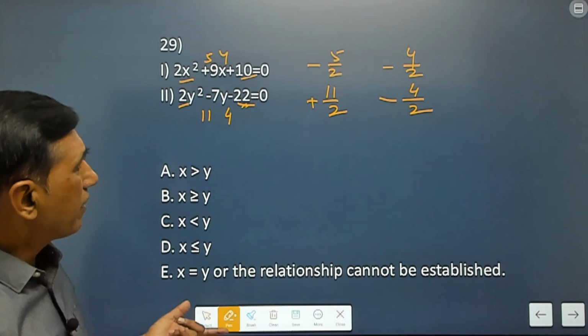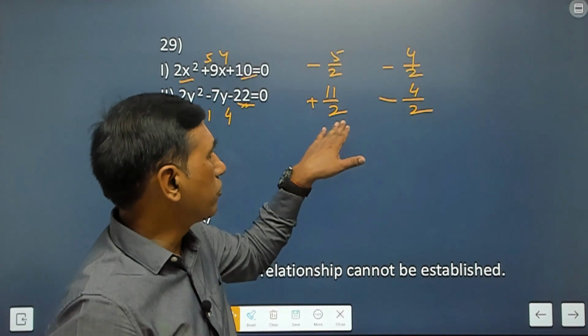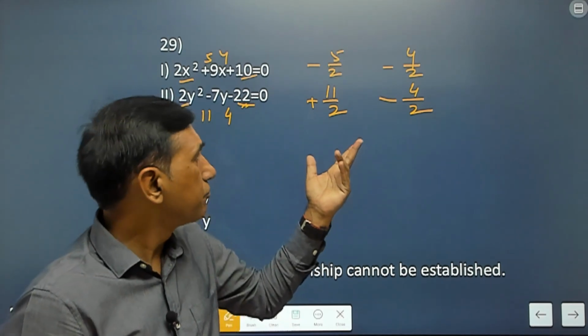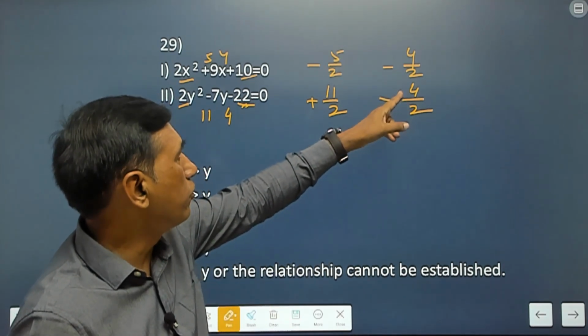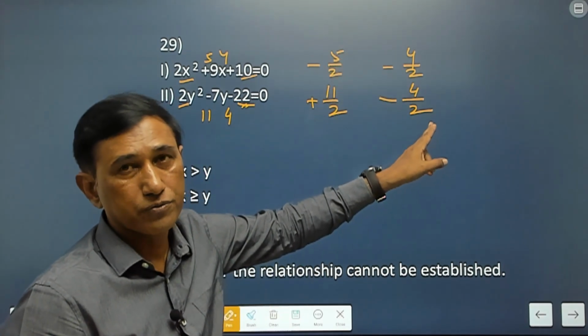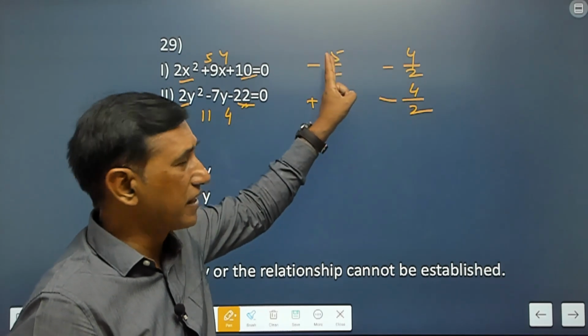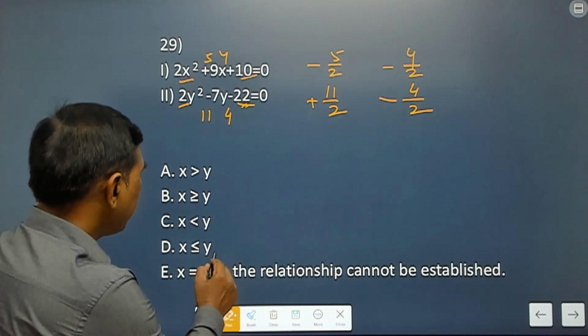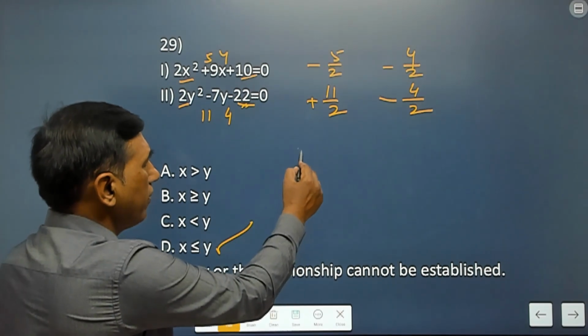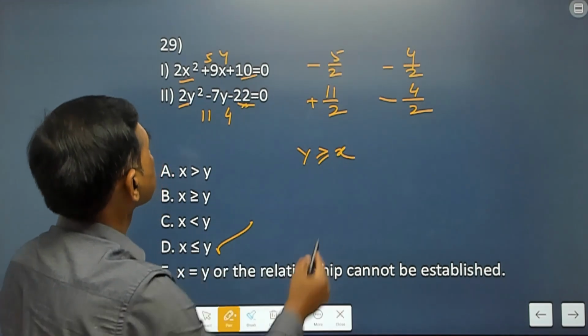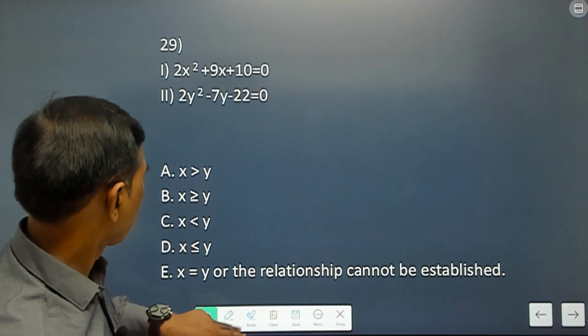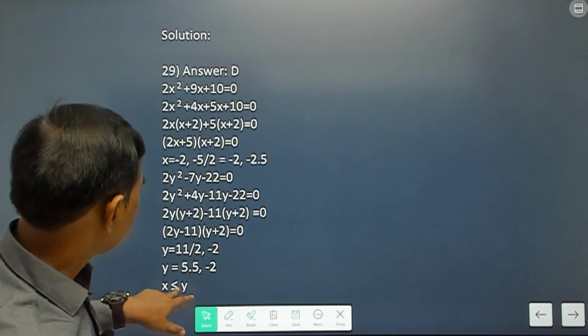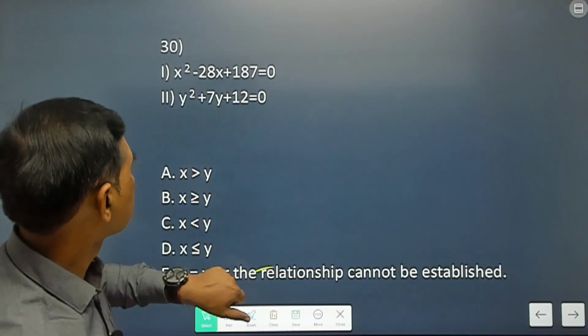So here what's happening, when it is plus 11 by 2, it is obviously greater. When it is minus 4 by 2, that is 2. This is 2.5, this is 2. So when it is 2, it is greater than this and equal to this. So we can say that y is greater than or equal to x.